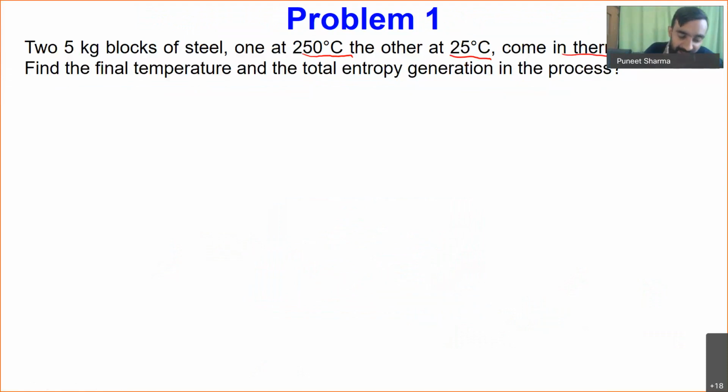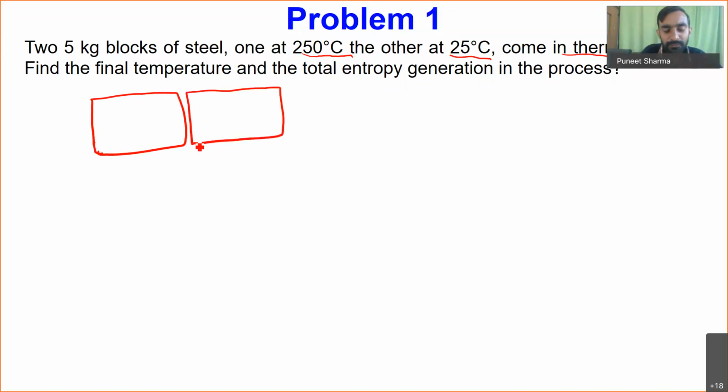If you see the question, we have two blocks placed side by side, and both are made of steel. The material of the first block is steel and the second block is also steel, and the mass of both blocks is 5 kg.